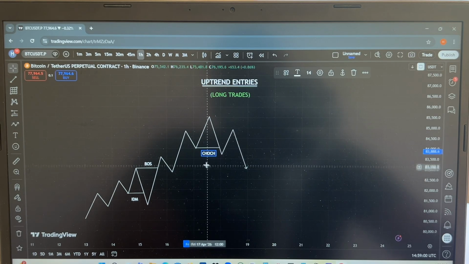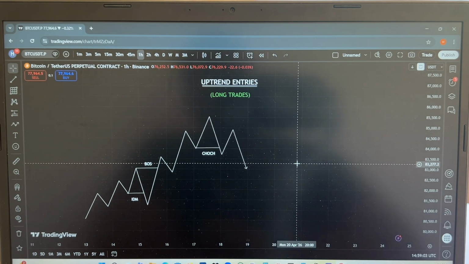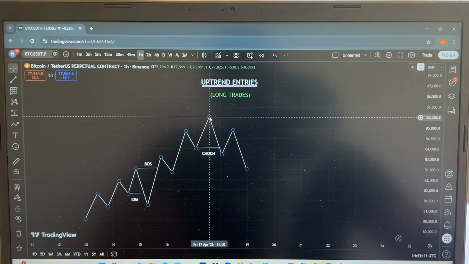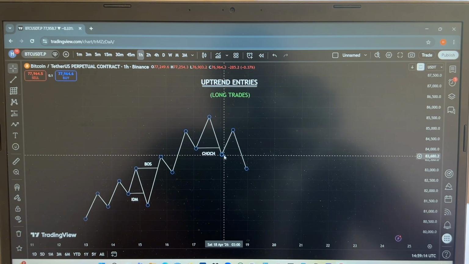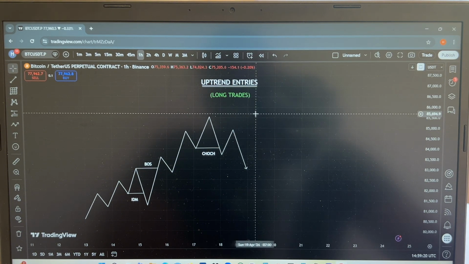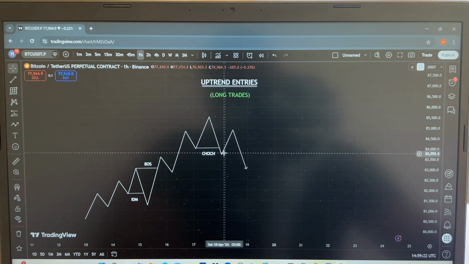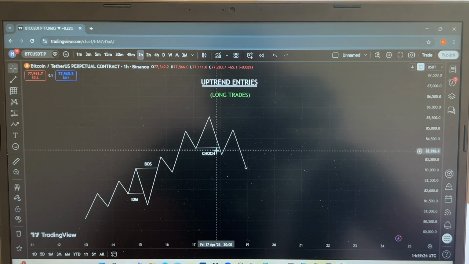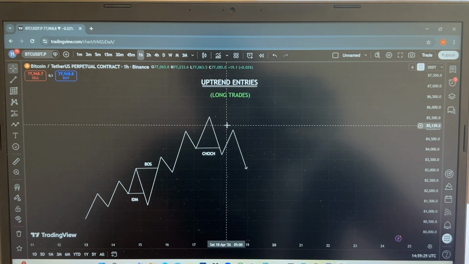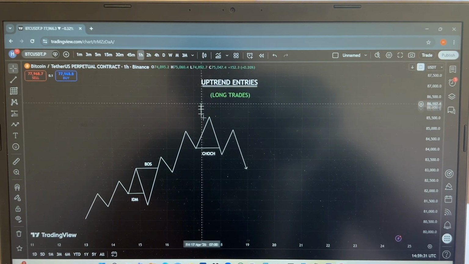This is a change of character. Always keep your eyes open for this because this might be a bit tricky. Sometimes the market can actually break a lower high and it can keep on pumping up, making this a BOS as well. So just keep in mind, you need to wait until this low is also broken, making this a lower high.